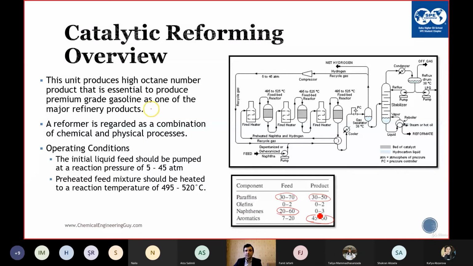We can say that reforming is used to produce the aromatics, or to convert the naphthenes to aromatics in the heavy naphtha product. The operating conditions can be between 1 to 45 atm pressure and around 500-520 degrees Celsius.